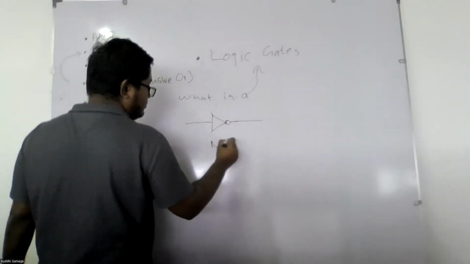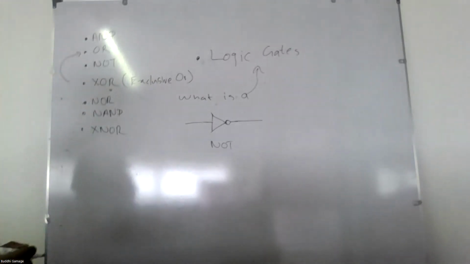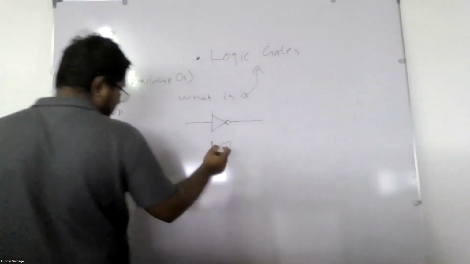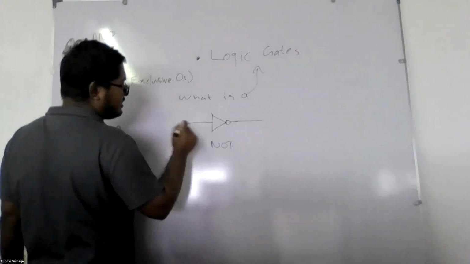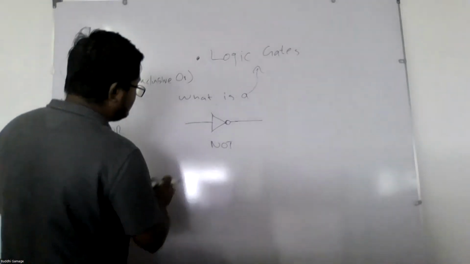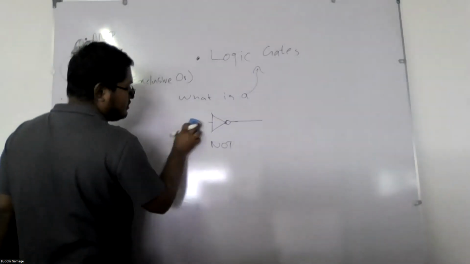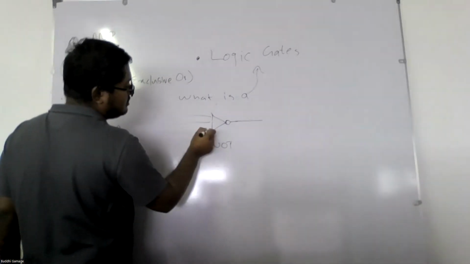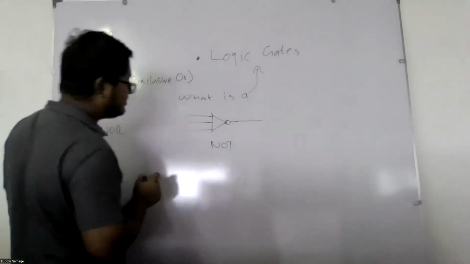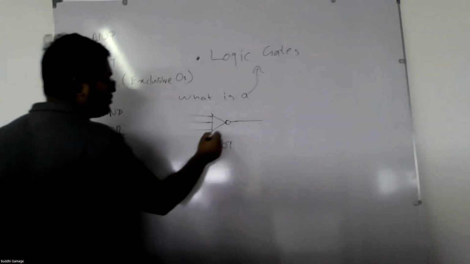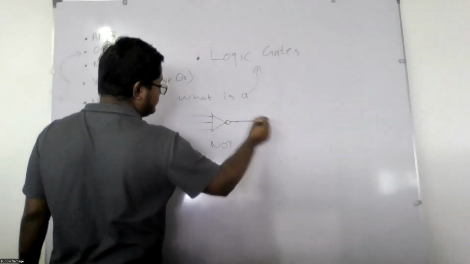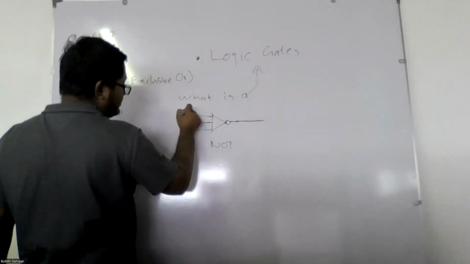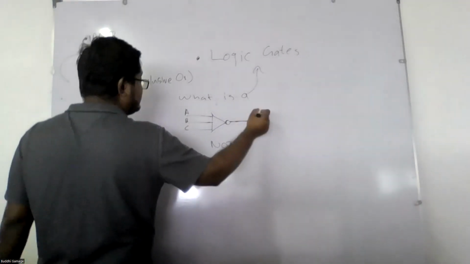So this is the NOT gate. The idea is that in gates there are inputs and outputs. There can be many inputs for a single gate, but there will be only one single output, right? So if there are three inputs, you can say A, B, C, and the output will be, let's say, F.